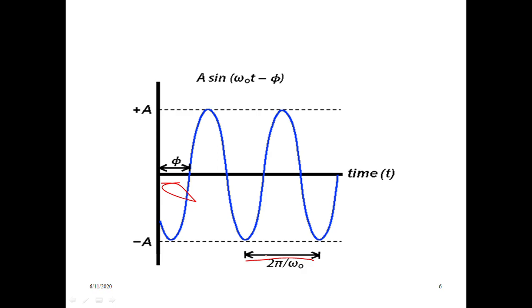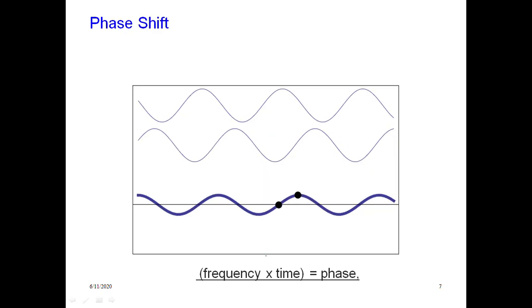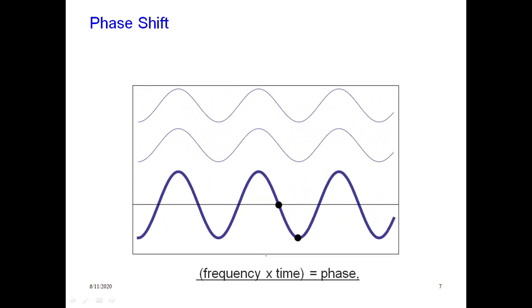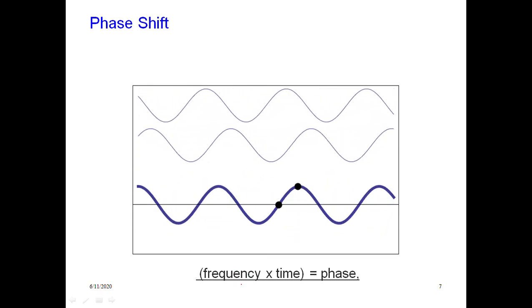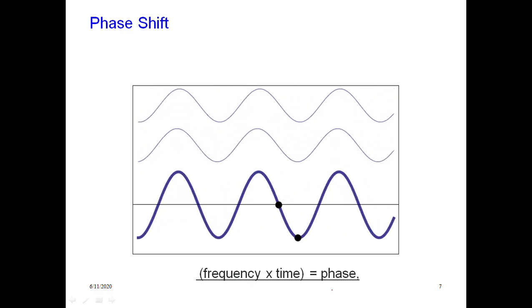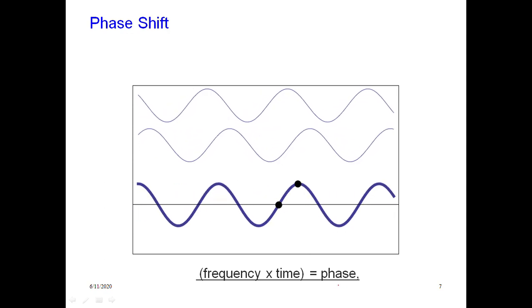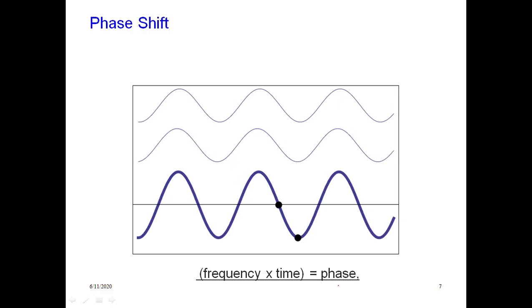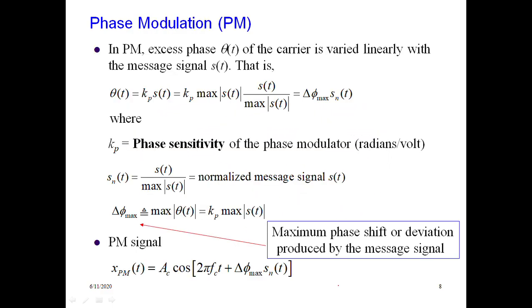One period is equivalent to 1 over f, and f equals 1 over T. The relationship of phase and frequency is that if you multiply frequency and time, we get the phase. So phase and frequency are actually interchangeable.